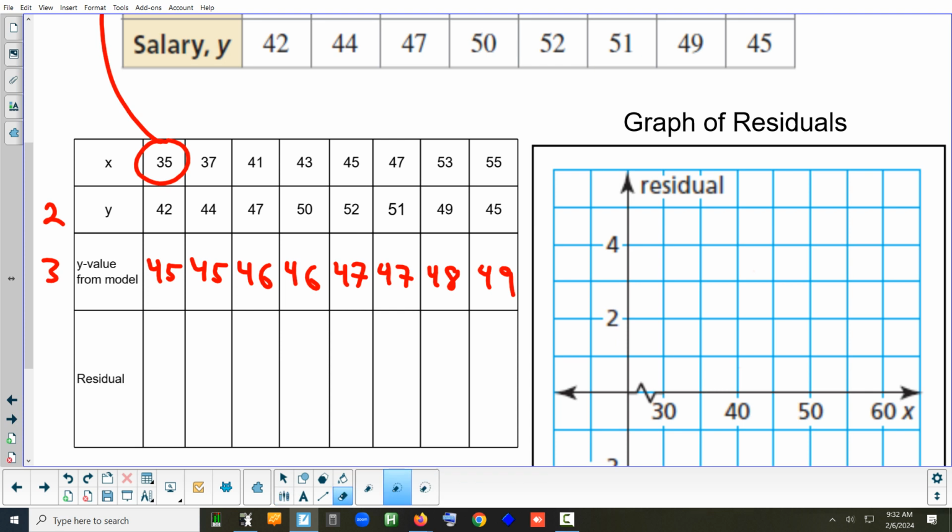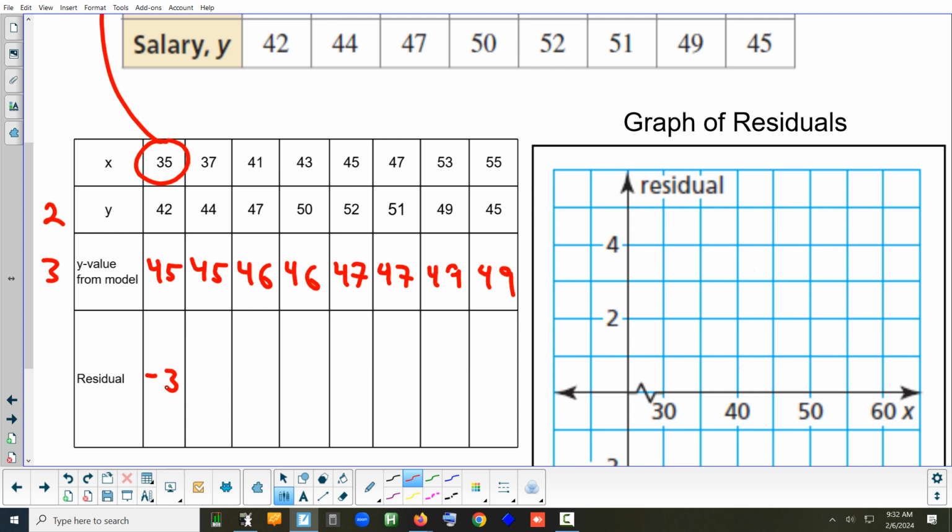Okay, then that should be 49. What's 42 minus 45? Negative 3. So that means our actual data was 3 units below the model.